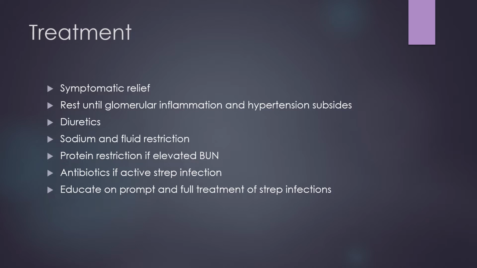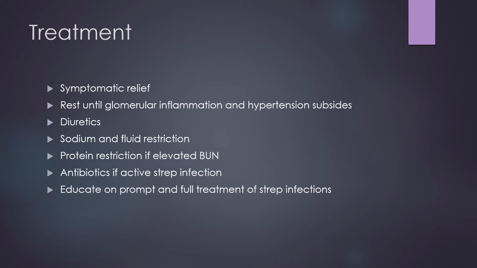If the proteinuria is extreme, or we are seeing an elevation in blood urea nitrogen, the nitrogenous wastes of metabolism in our body, we might decide to do a protein restriction in their diet so that it reduces the wasting.